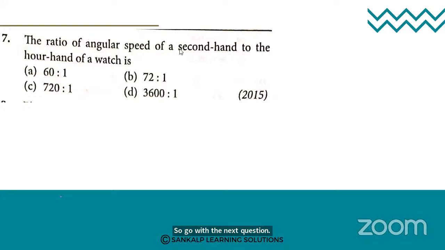The ratio of the angular speed of a second hand to the hour hand of a watch is: 60:1, 72:1, 720:1, 3600:1.